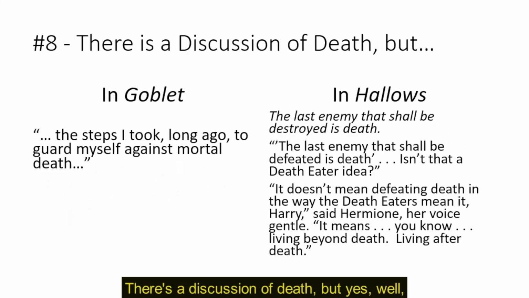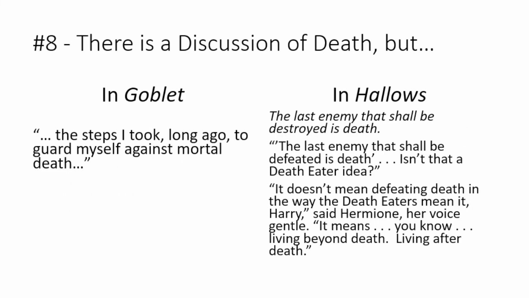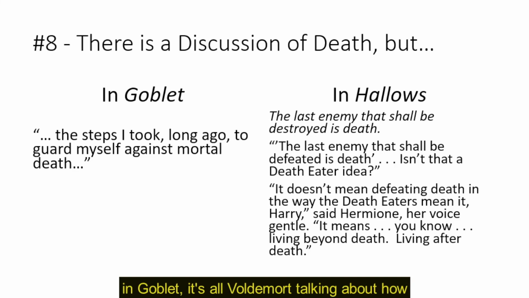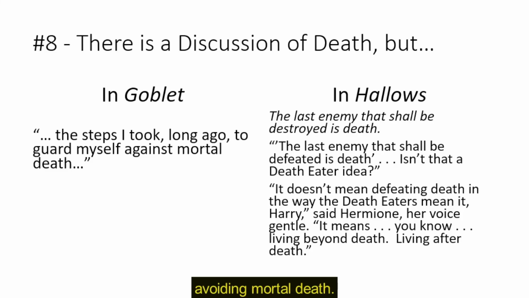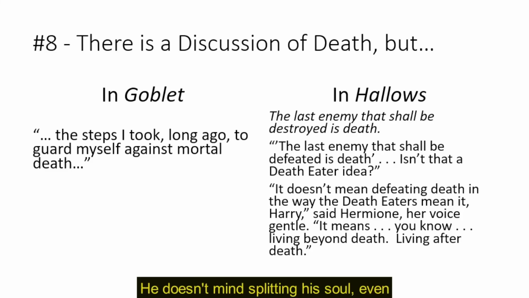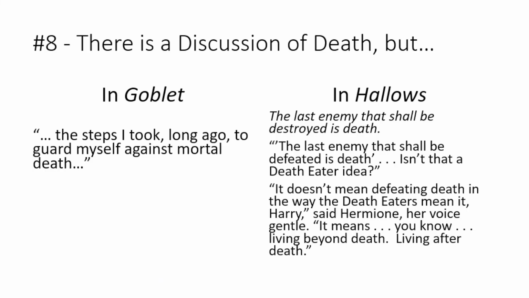There's a discussion of death, but in Goblet, it's all Voldemort talking about how he came very close to death and how he's evaded it. It's very clear that Voldemort's only concern is avoiding mortal death. He doesn't mind splitting his soul, even splitting his soul six times. It turned out to be seven, but he didn't know that yet.